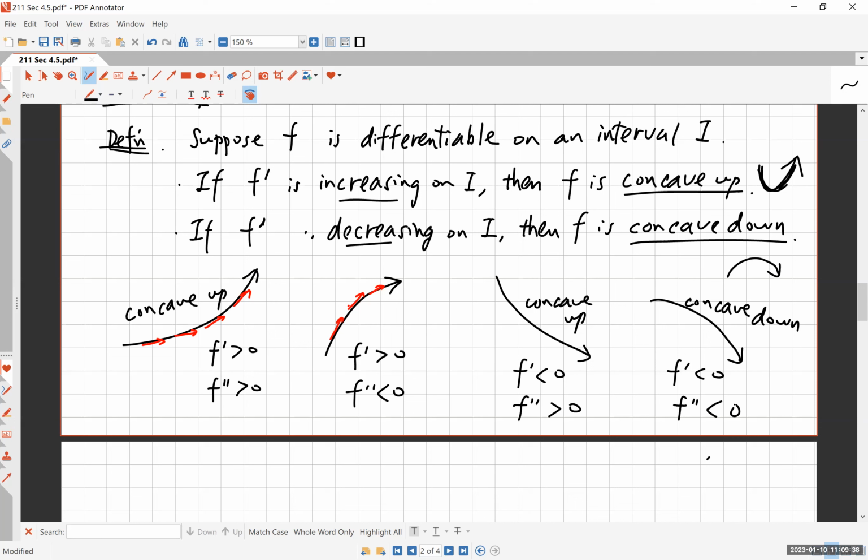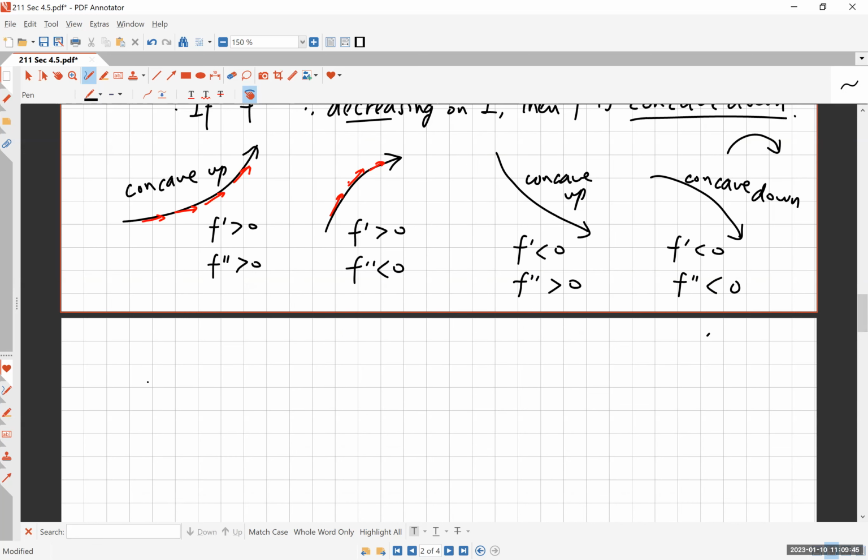So this is actually not too difficult, but what happens if concavity changes? If concavity changes in an increasing function, it could be like from this. The function is still increasing, right? Or you could be going like this.